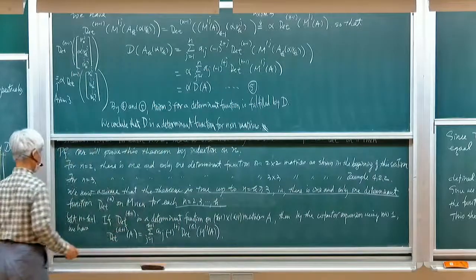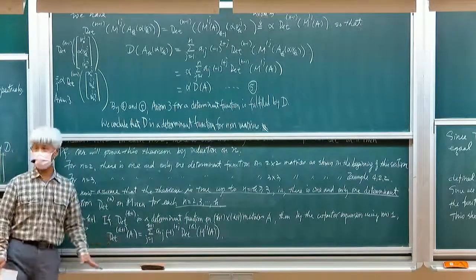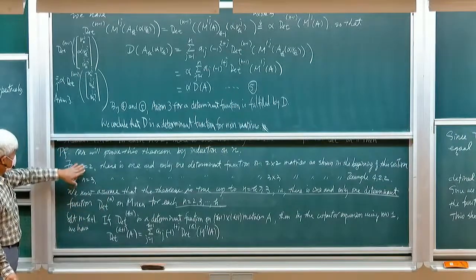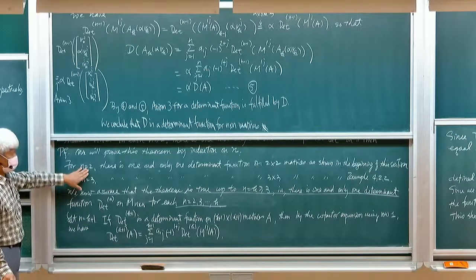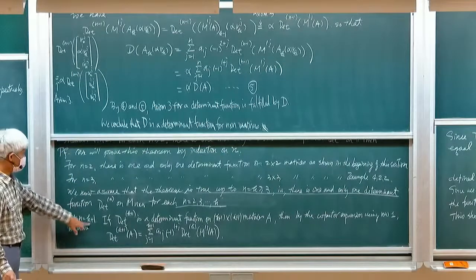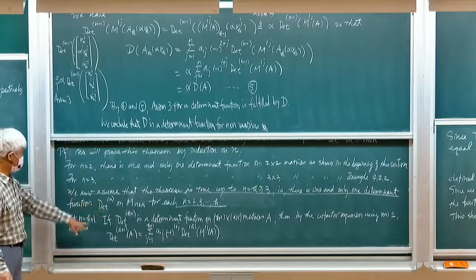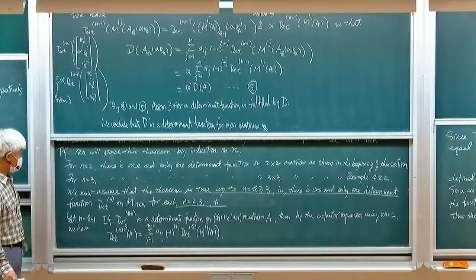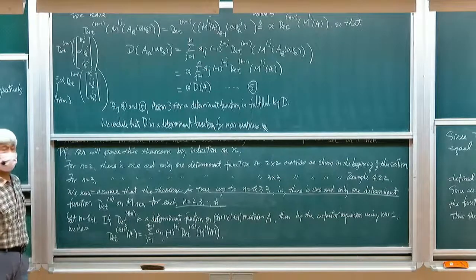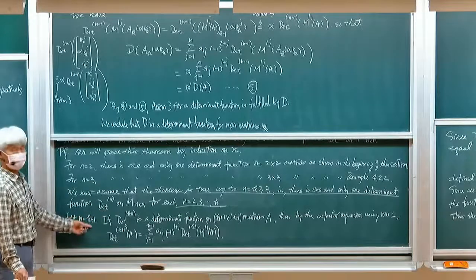Now we can use the induction machine. When n equals 2, the same is true, and it's true for n equal to 3. So now we test for n equal to 4. For n equal to 4, we just proved that there is one and only one determinant function for all 4 by 4 matrices. So the theorem is true for n equal to 4.